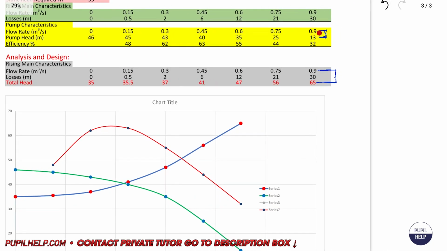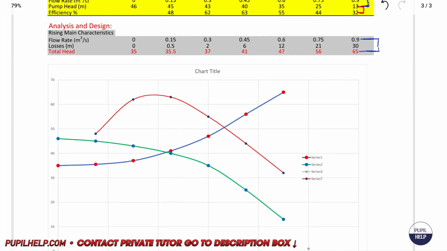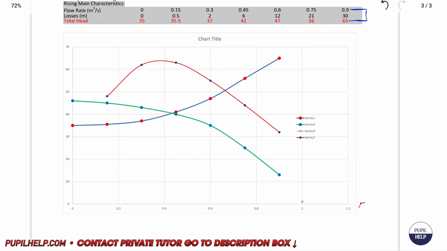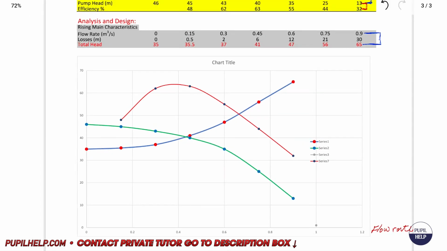The red line, the red graph, is this one, the efficiency with the head. So these two, you see, on the x-axis it is the flow rate, while on the vertical axis it is the head, the total head.